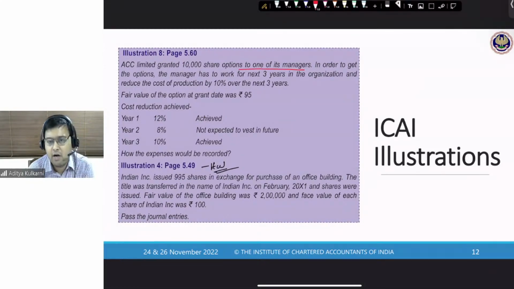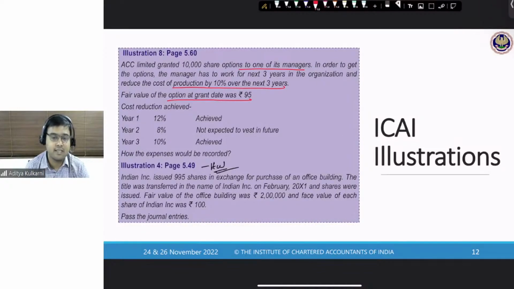In order to get the options, the manager has to work for the next 3 years in the organization and reduce the cost of production by 10% over the next 3 years. That means, is it a performance condition? Yes. Is it a market linked performance condition? No, it is a non-market linked. So will you consider this in your estimate every year on year? Answer is yes. Fair value of option as at the grant date was rupees 95.